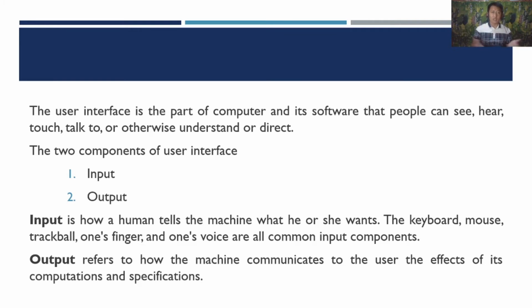So that's an example of output. The computer gives us an output which makes us understand how things are going, how things are possible to use in order for us to make a decision. That's an output.